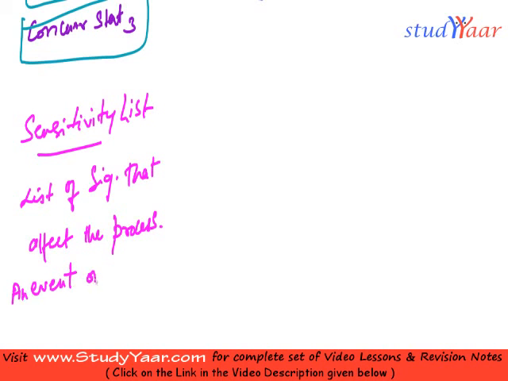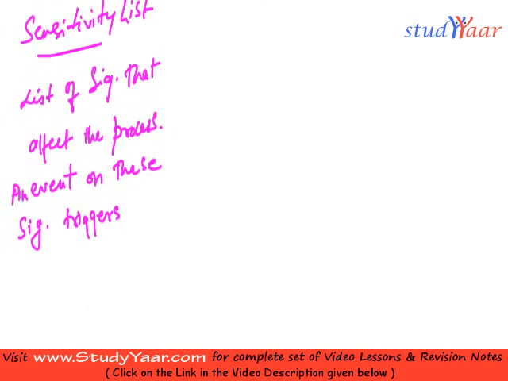An event is any change. Just like the RHS side signal changing triggers the concurrent statements, your sensitivity list signals trigger the process.